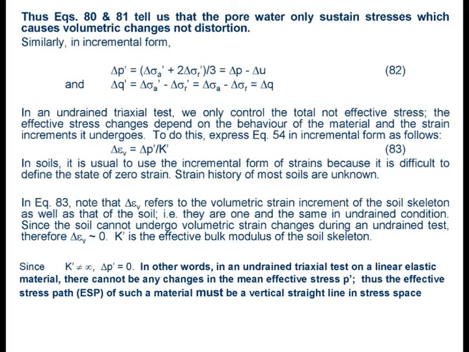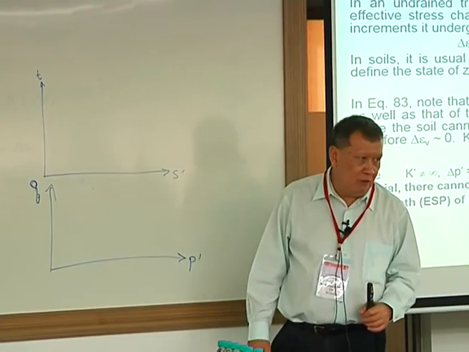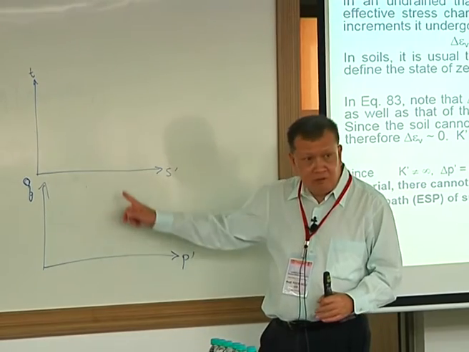Alright? And for a linear elastic material, this means that P dash cannot change, so you just imagine now, you look at this. Now, on this plot, you want to have a stress path, an effective stress path, such that the x coordinate doesn't change. What does the stress path look like? It's a vertical straight line.